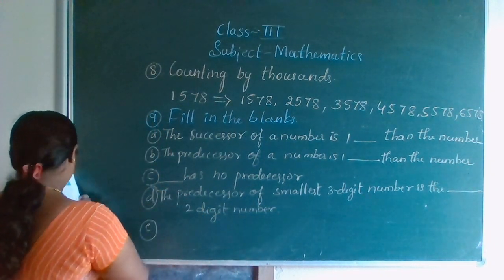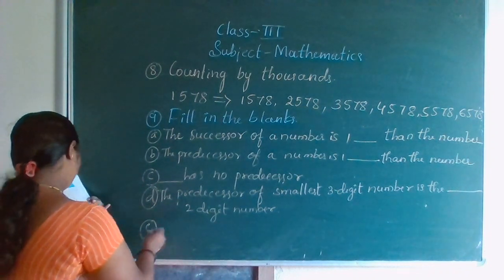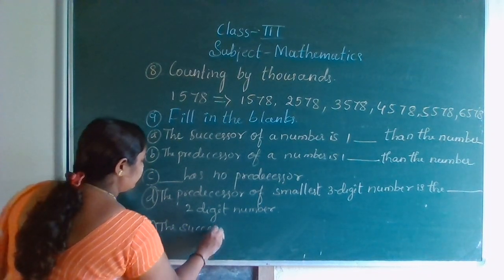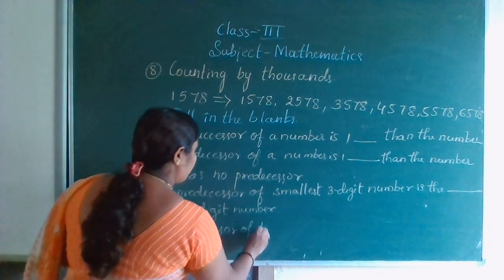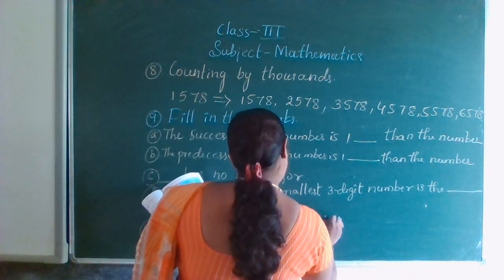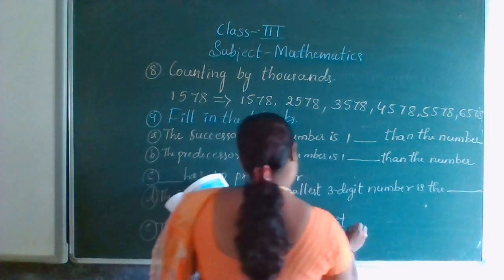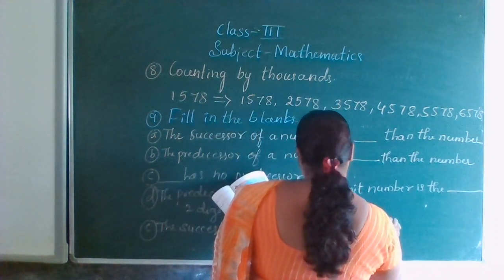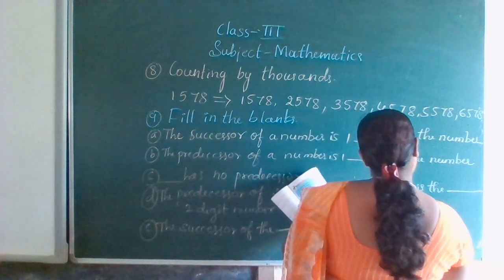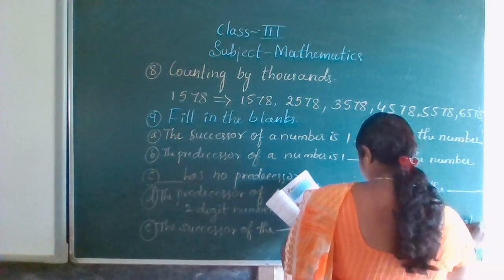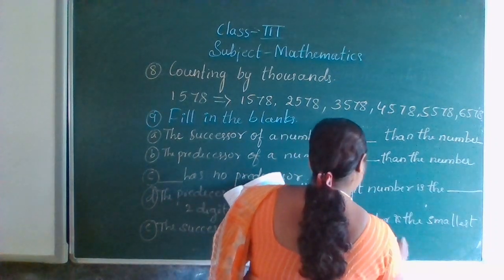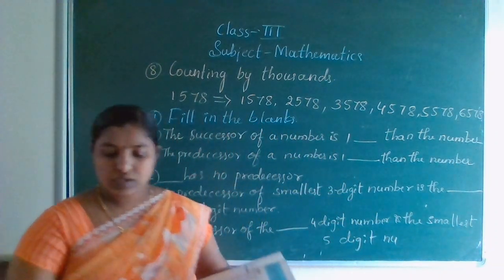Next, E. The successor of the dash 4-digit number is the smallest 5-digit number. Just go through this.